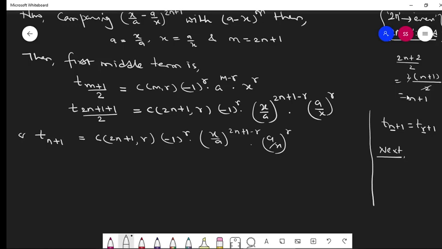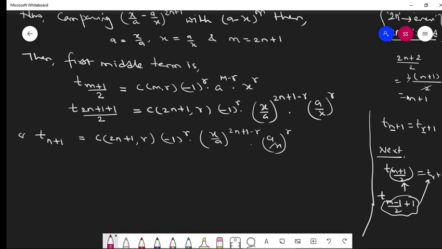If you are given t((m+1)/2), look here, this is the condition of the middle term. Then we have to develop the t(r+1) form. So it can be written as t(((m-1)/2)+1) to make the t(r+1) form.